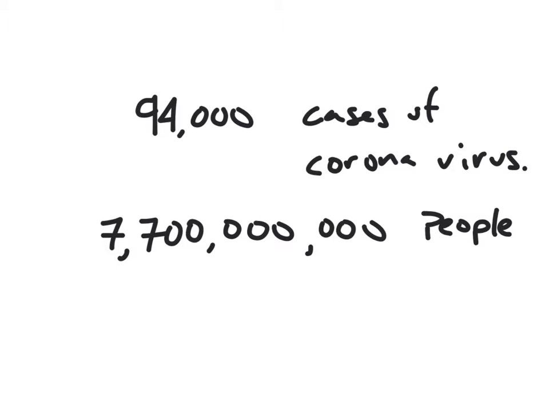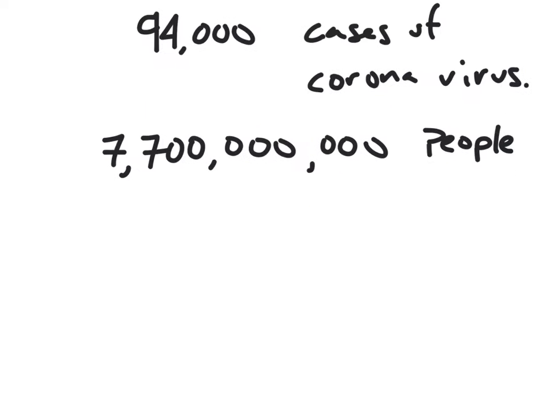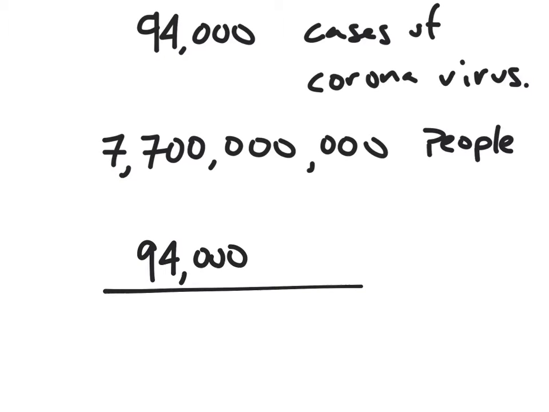You take the number of people that you have infected, which is 94,000, and you divide it by 7,700,000,000 people. This fraction, this ratio that we've talked about, will give you that number. So go ahead, plug that into your calculator, and let's get a decimal approximation for this.